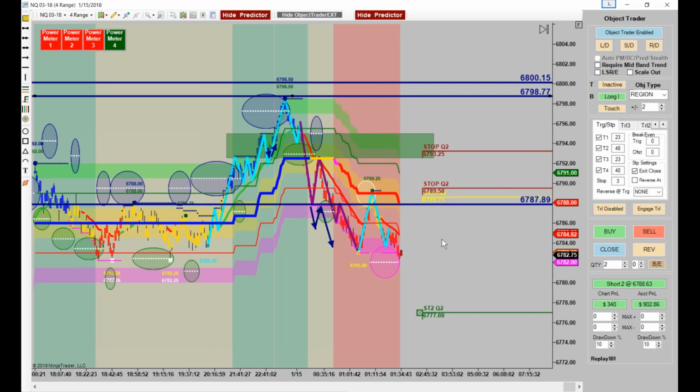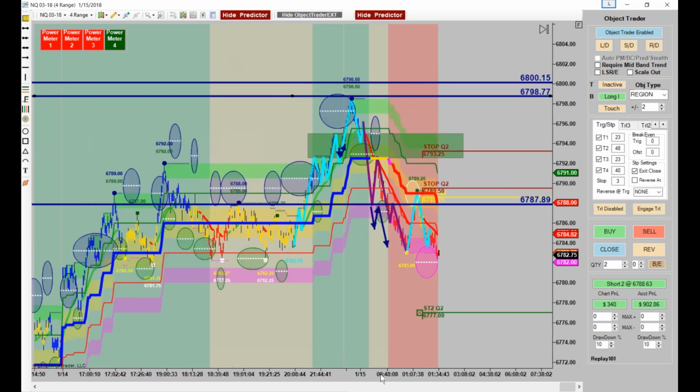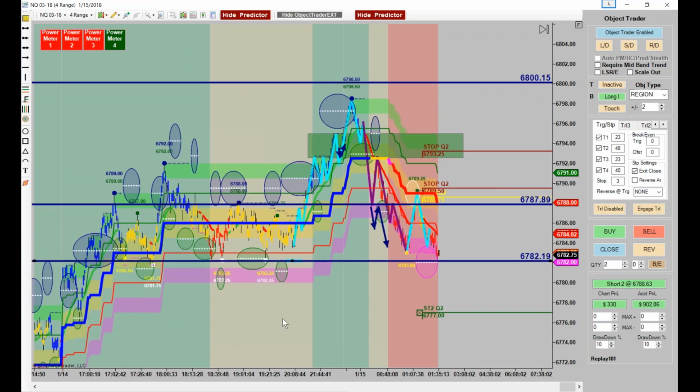Let's see if we can get another predictor. And I'm going to add, if we do, and we need to take this out a little bit right there. That's support. They're not taking it. Okay, I'm going to take one off if they go above here.